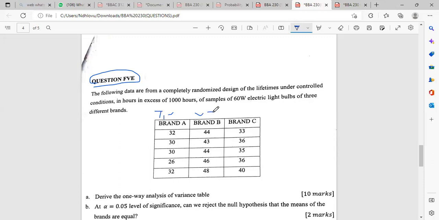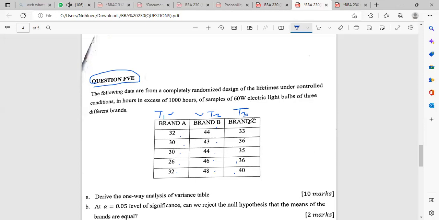This is treatment 2, and this is treatment number 3. Each of these treatments has 5 components in it. Brand A has 1, 2, 3, 4, 5. Brand B has a similar 1, 2, 3, 4, 5. C is similar, with all these 5 components.